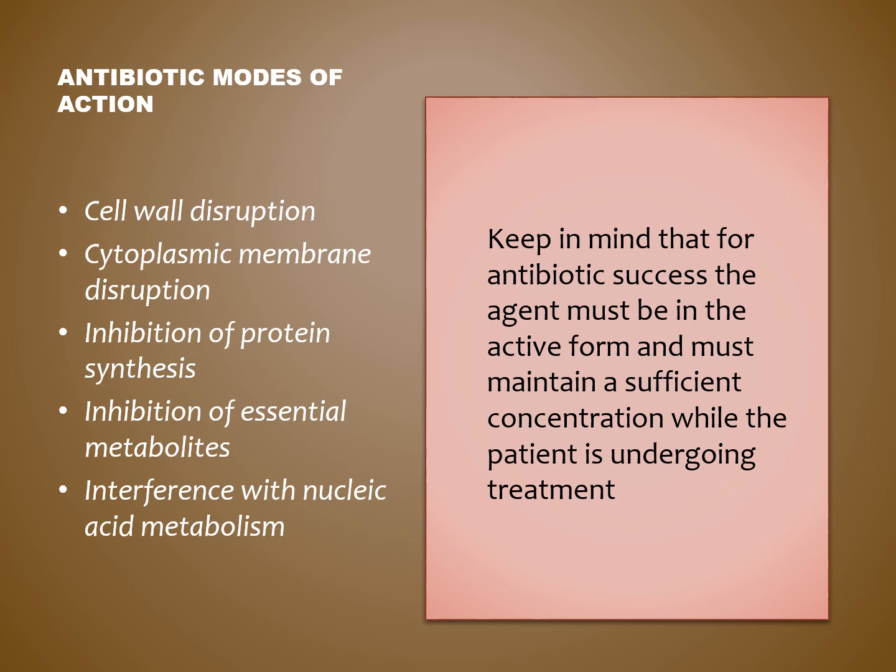In cytoplasmic membrane disruption, the enzymes that mediate transport of sugars are affected. In inhibition of protein synthesis, ribosomal protein levels are affected. In inhibition of essential metabolites, DNA synthesis is disrupted. And finally, when we see interference with nucleic acid metabolism, those nucleic acid metabolism changes disrupt DNA and RNA synthesis. So let's go ahead and take a look at all of these different modes of action.